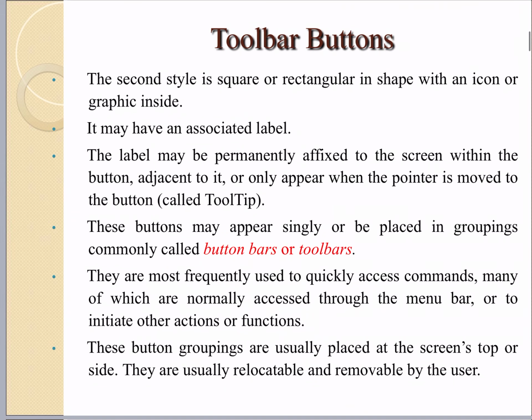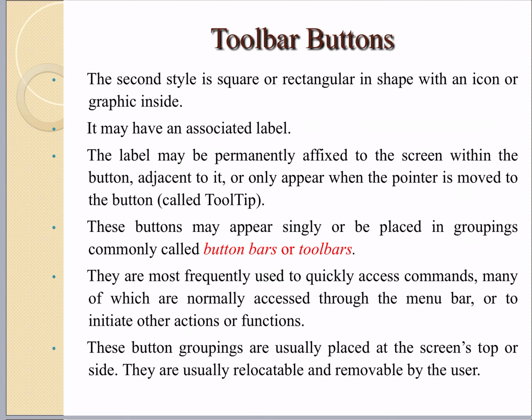Now, toolbar buttons are the second style, in a square or rectangular shape with an icon or a graphic inside it. It may have an associated label, so you will understand what it is. The label may be permanently affixed to a screen within the button, adjacent to it, or only appear when the pointer is moved to the button, called the tooltip.